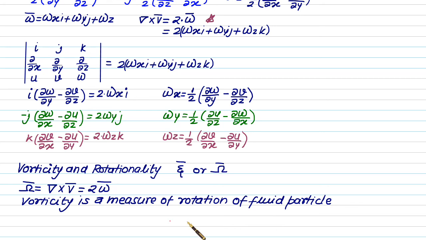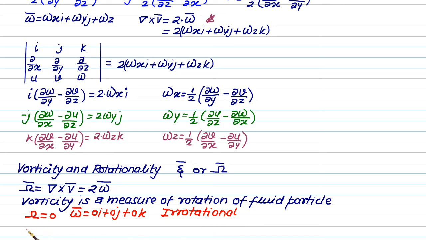So we can conclude here that the vorticity is a measure of the rotation of a fluid particle, and if the value of vorticity is equal to 0, it means that the omega bar vector will be equal to 0i plus 0j plus 0k. That is, we don't have any rotation about the x-axis, y-axis and z-axis, and this will be called irrotational flow.